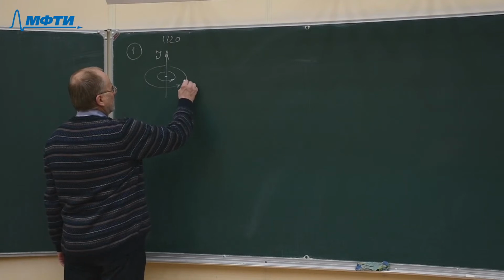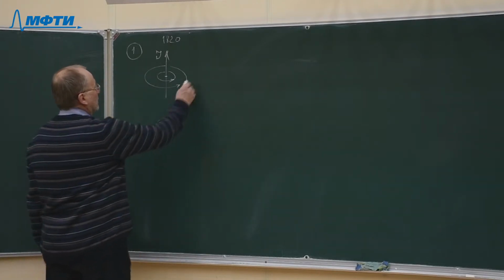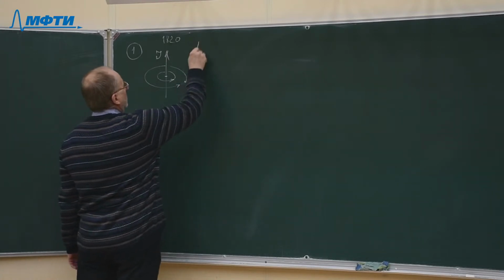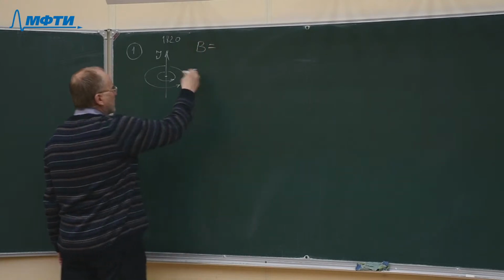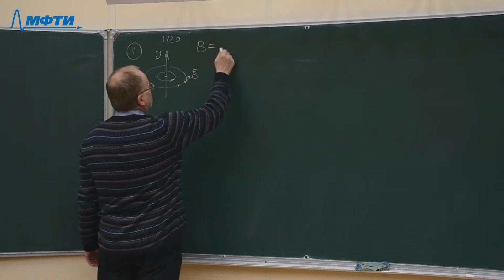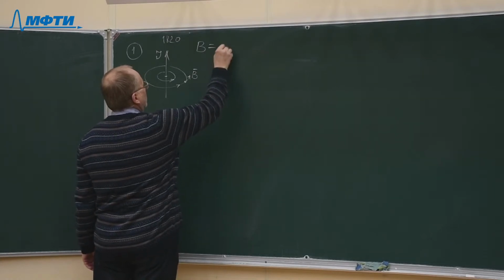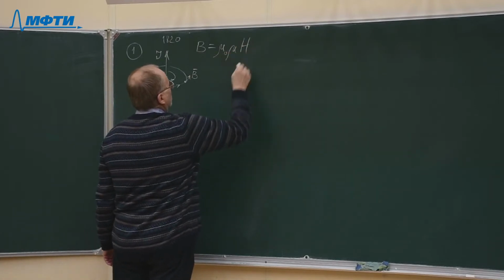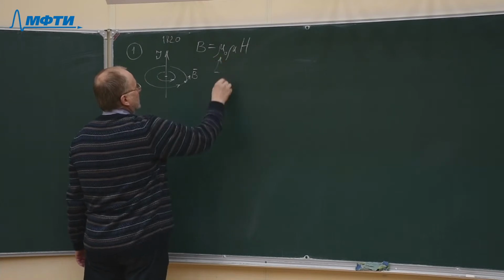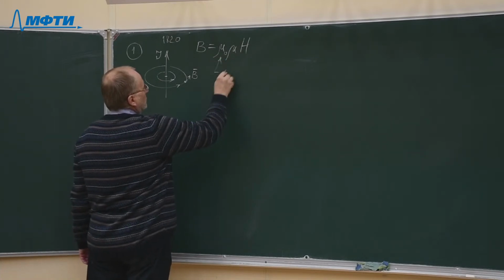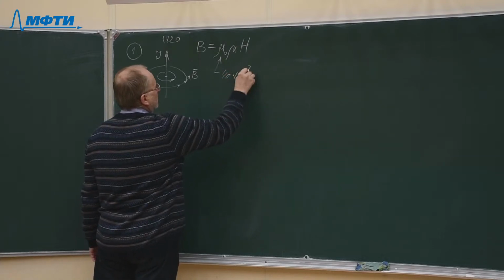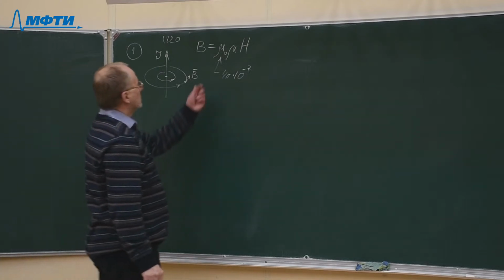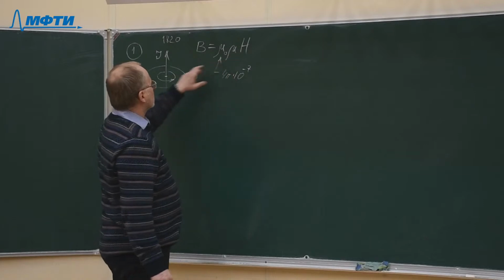And the magnetic field at any point of observation, which is described by a vector of magnetic induction, has a magnitude given by the following formula: mu 0 mu h, where mu 0 is the magnetic constant, which is 4 pi times 10 to the minus 7 in the international system of units.